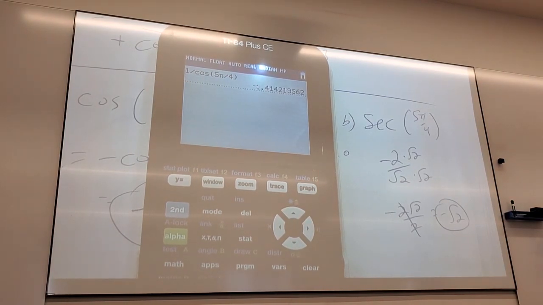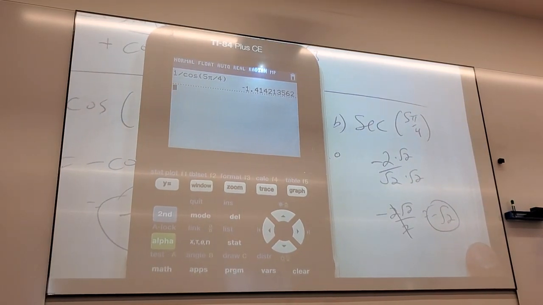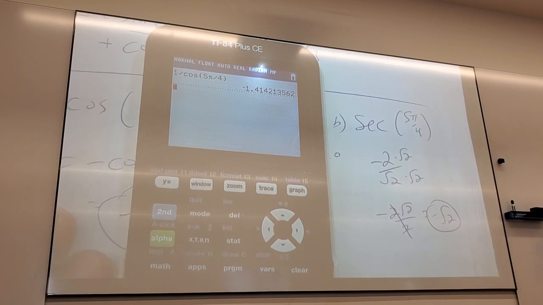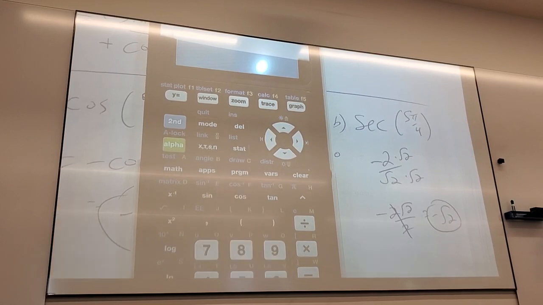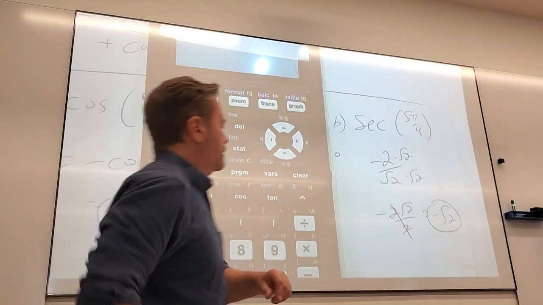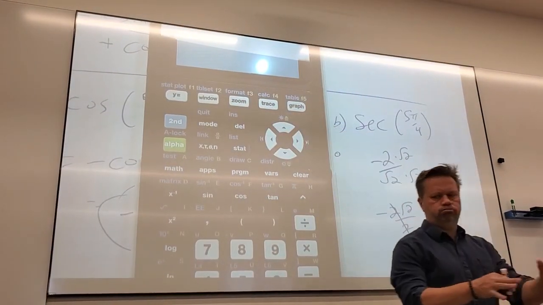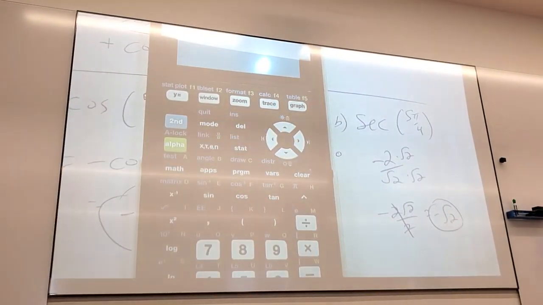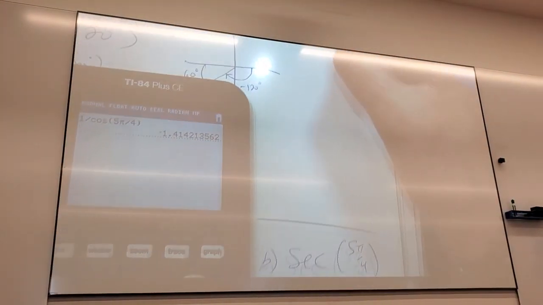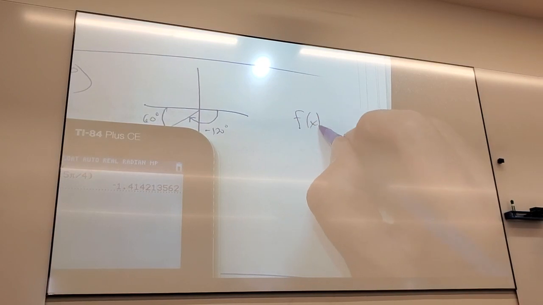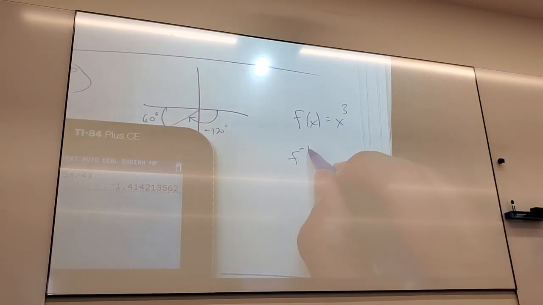So how do I really check this then? I have a question. Could you do the second cosine, do the same thing? No. Okay, I'm glad you said this. If I said f of x is x cubed, what does this mean?